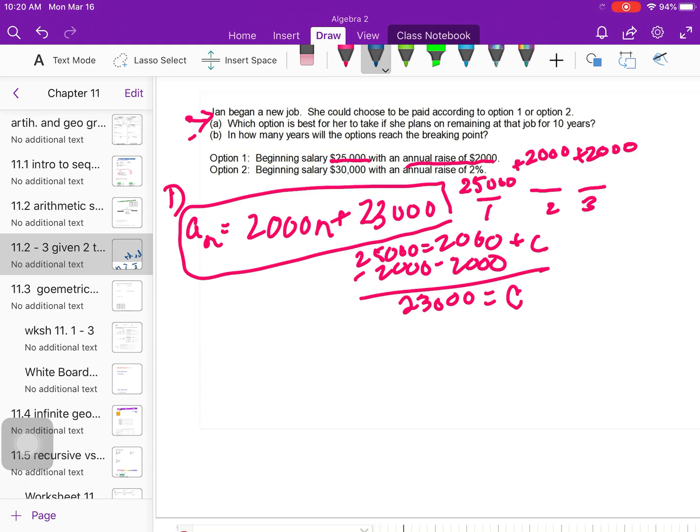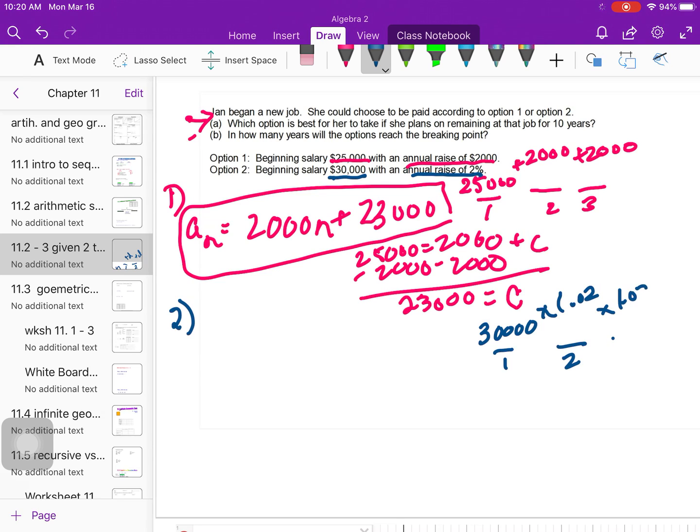In my second option, it says she gets a beginning salary of $30,000 and an annual raise of 2%. So in the first year, she has $30,000. To get to the second year, we have to multiply by 1.02 because she gets 100% of her money and a raise of 2%.